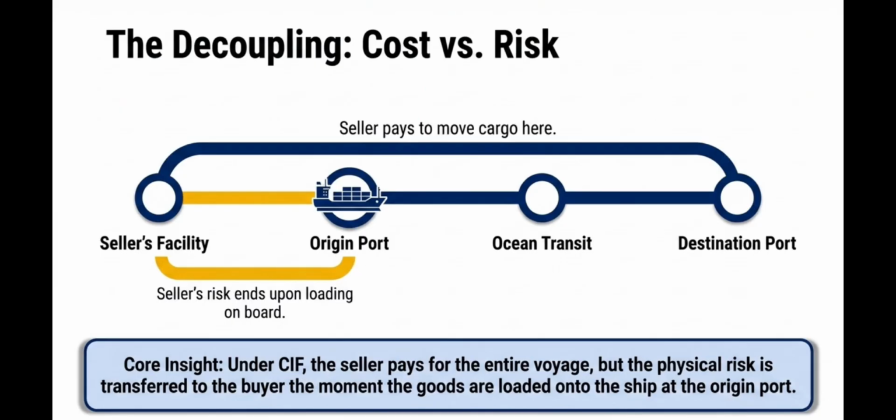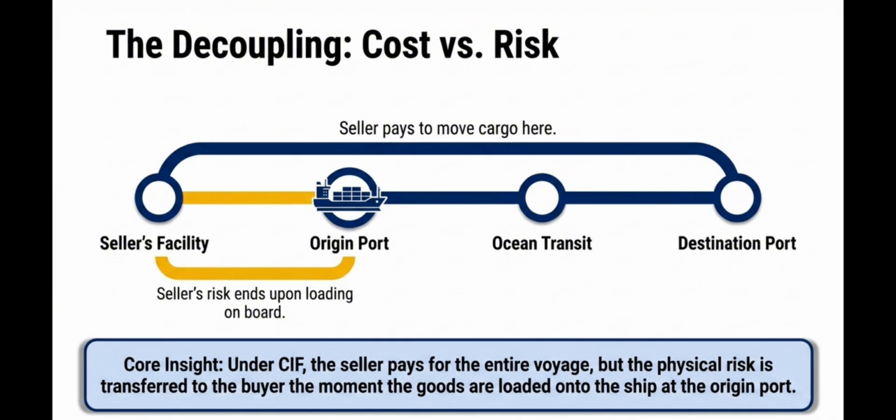Now, moving on to slide 4, we are going to analyze a fundamental concept in international trade called the decoupling of cost and risk. As we can see in the graphic under CIF terms, there is a critical distinction between who pays and who is responsible for the costs.